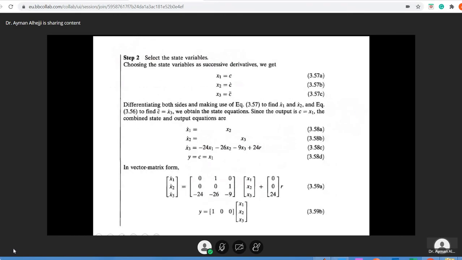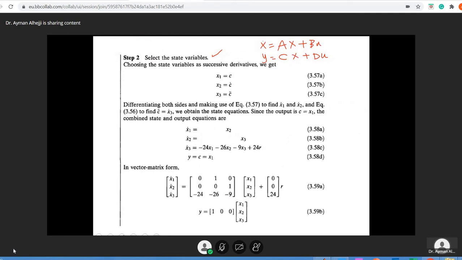Now let's go further. Select state variables. How to select state variables? We name x1, x2, x3 as the state variables. We know for state space, x dot equals Ax plus Bu, and y equals Cx plus Du.